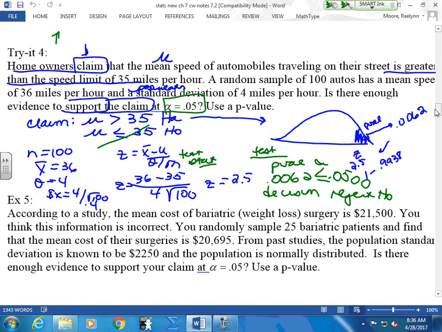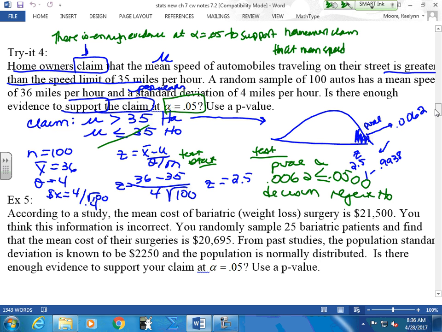There is enough evidence, and it's probably even better if you say enough evidence at a level of significance of 0.05 to support the homeowner's claim that the mean speed, this is probably the longest part, is greater than 35 miles per hour.